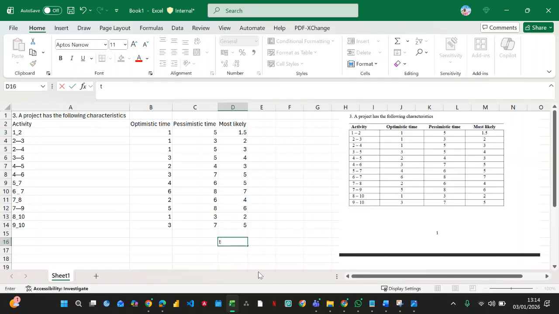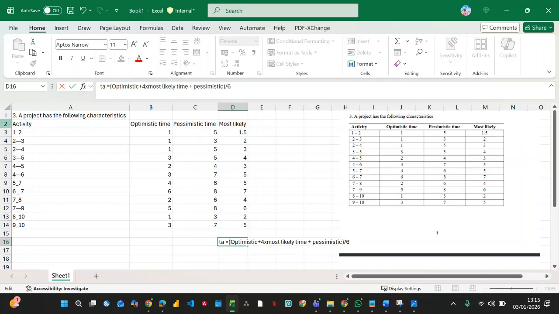So this is the formula. I put the formula here.